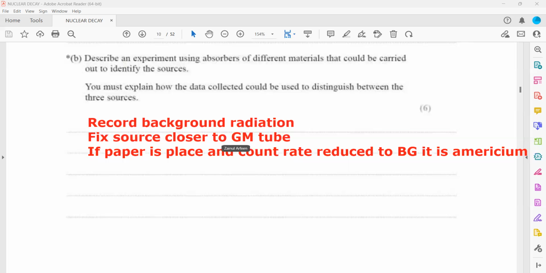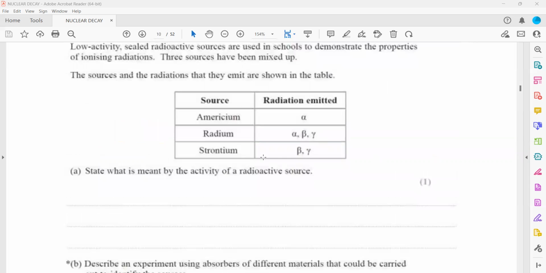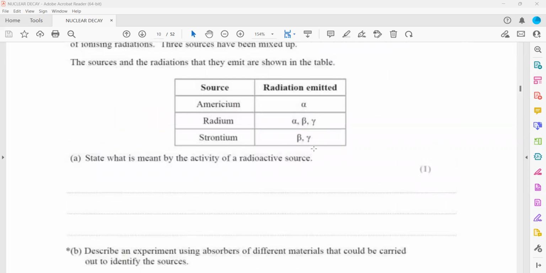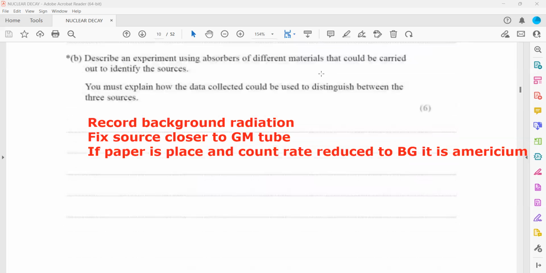Then if the paper does not cause any change, because of the three sources, americium is alpha, strontium is beta and gamma, and radium is alpha, beta, and gamma. So only a very small change there, because radium gives out all three.